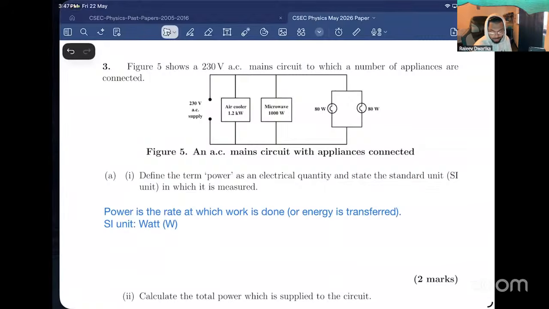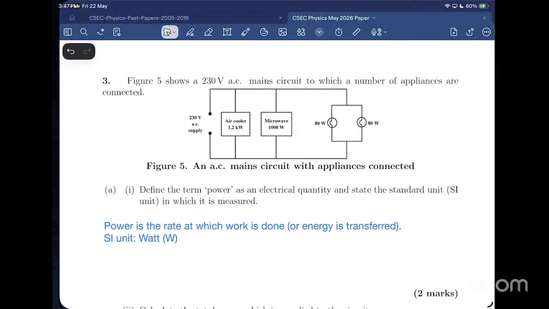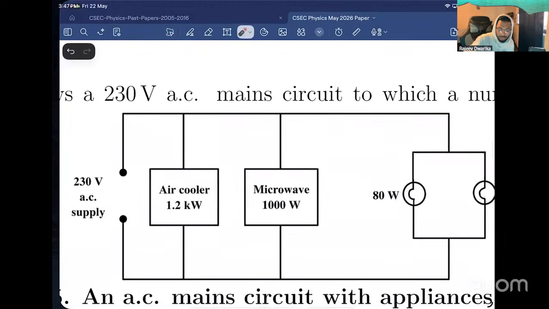Figure 5. So we have a circuit here with appliances. The appliances are connected in what? Parallel. They are connected in parallel. So let me ask you that question quickly. If the air cooler stops working, will the current still flow in the circuit?